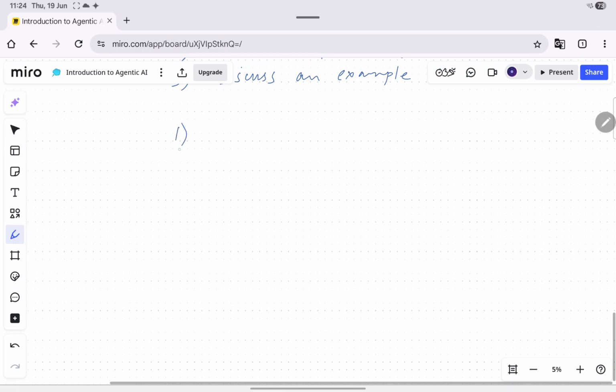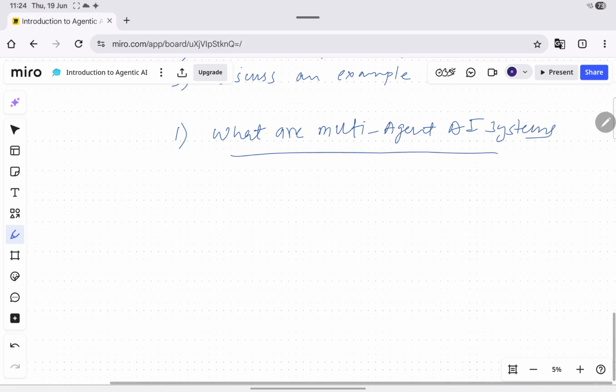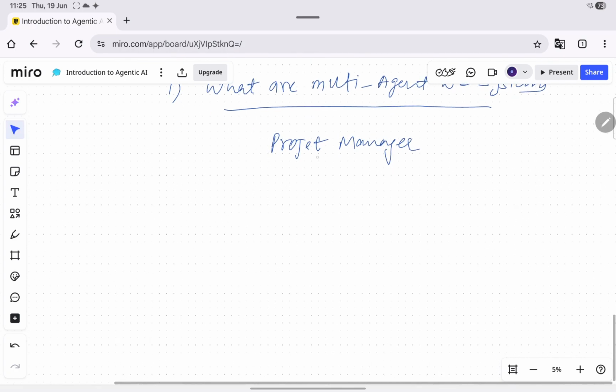So first one is, what are multi-agent AI systems? Imagine you are a project manager and you have been tasked with delivering a software project. You cannot do everything yourself, right? You need a team. You are the project manager and you have a task in hand, and this is your team.